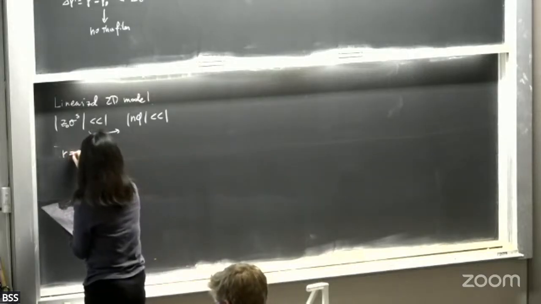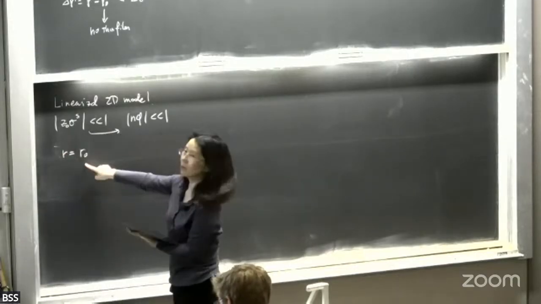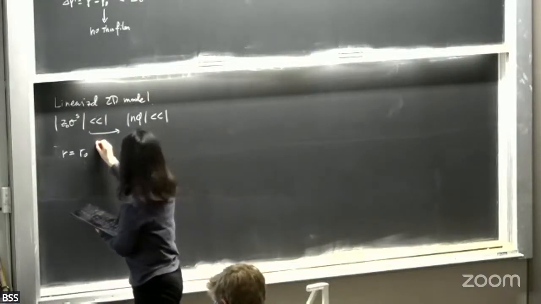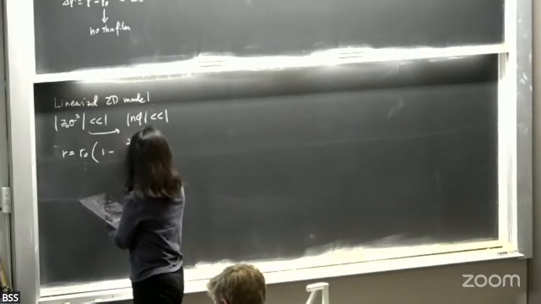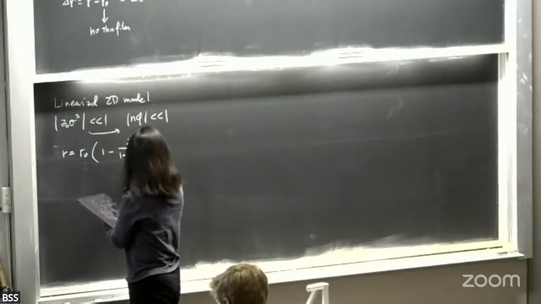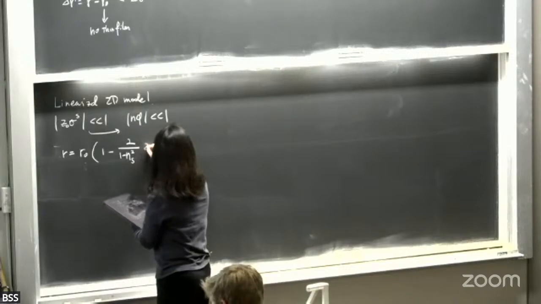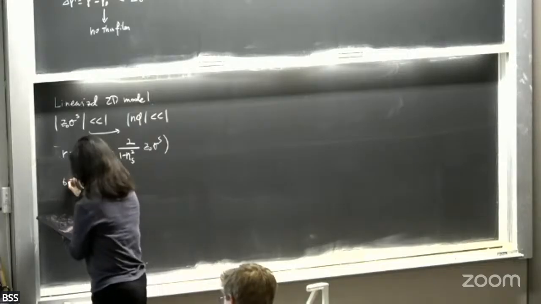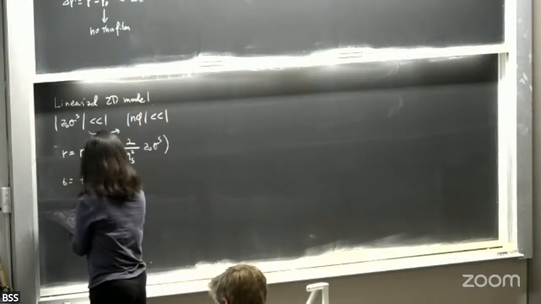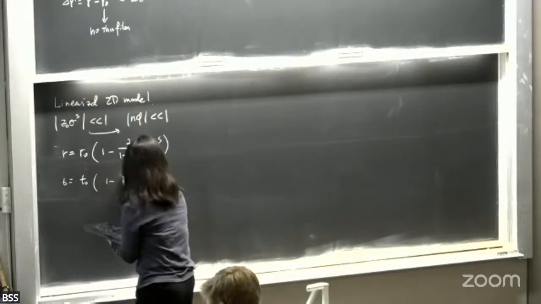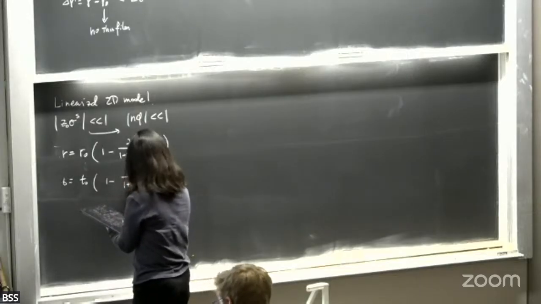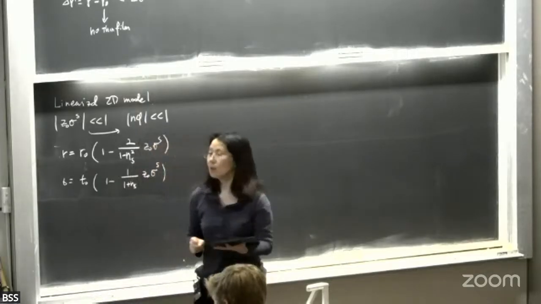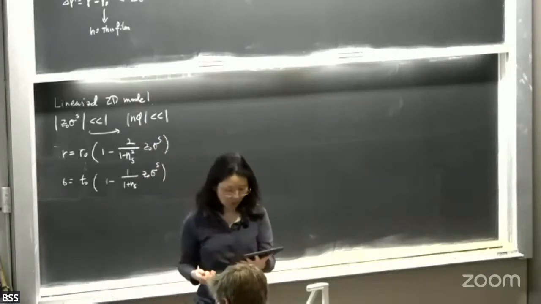So R is going to be R naught, the reflection coefficient without the thin film, times 1 minus 2 times 1 minus n_s squared Z0 sigma_s. And T is going to be T naught times 1 minus.